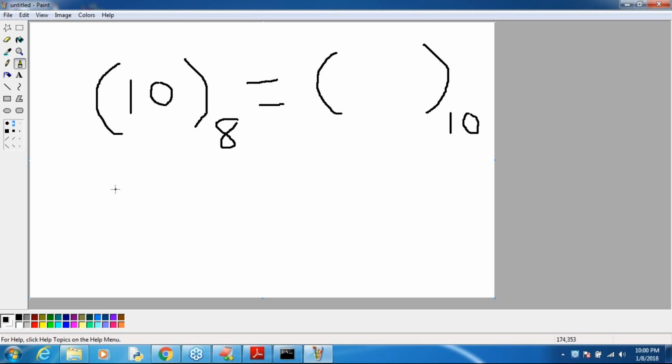Anyone, can you please tell? 0 into 8 power 0 plus 1 into 8 power 1. I hope you people are aware. 0 into 8 power 0 is 0, plus 1 into 8 power 1 is nothing but 8. So its decimal equivalent is 8.